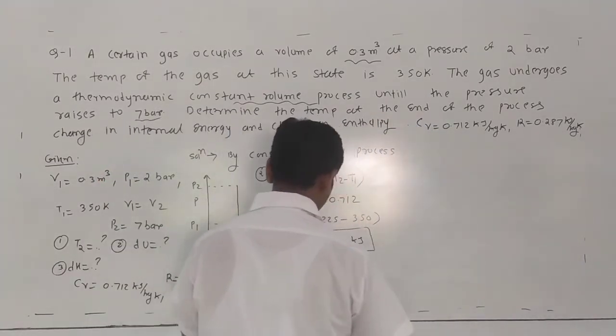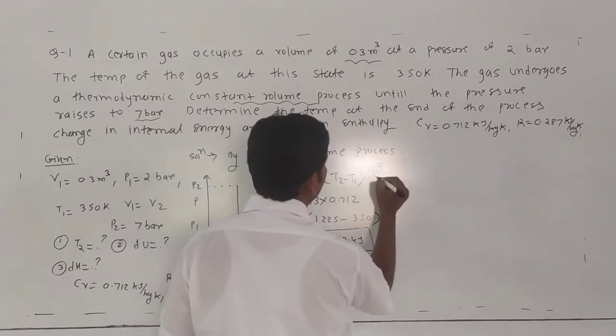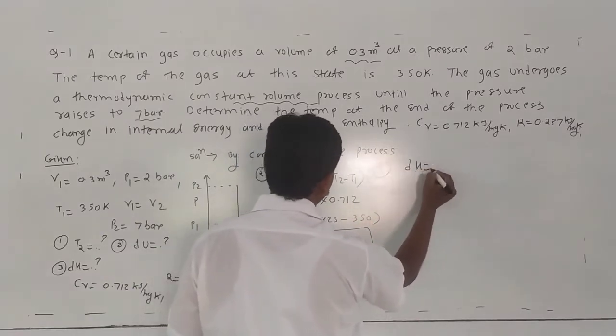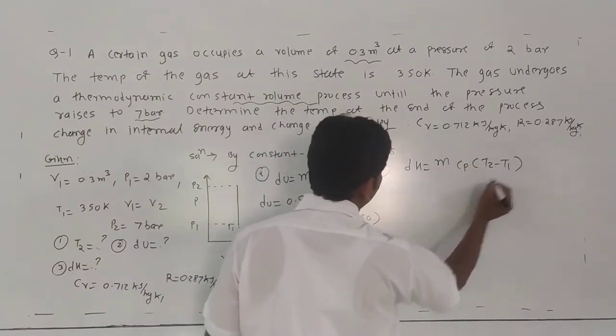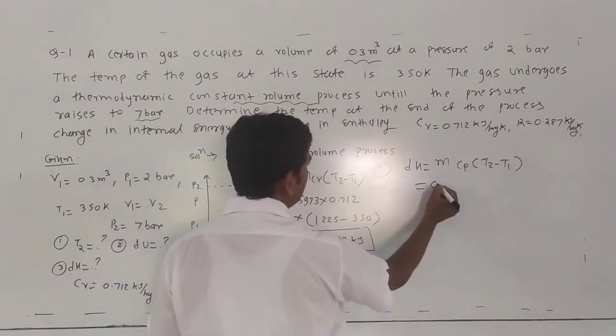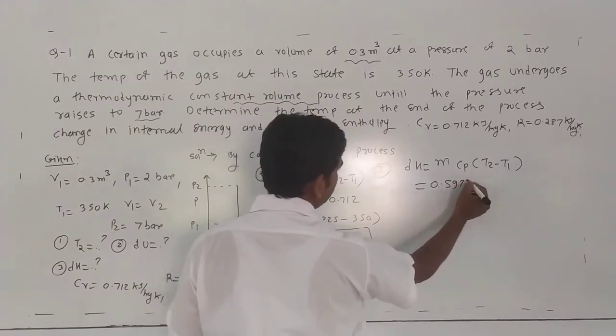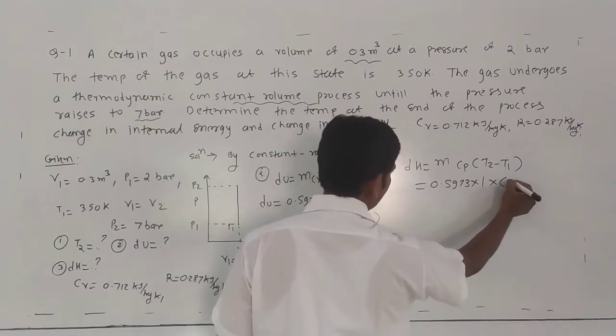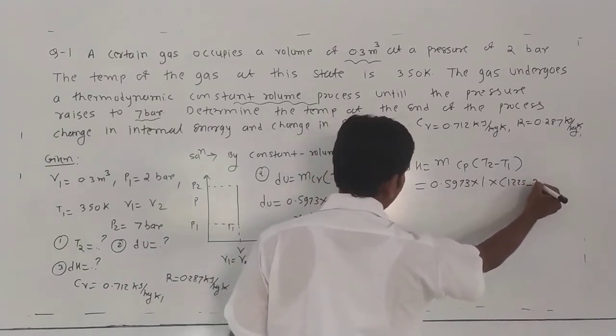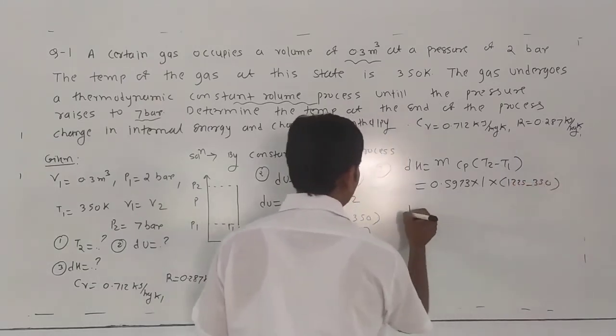Okay. So the third parameter asked is the enthalpy. So what is the formula of the enthalpy? dH equals m Cp (T2 minus T1). So just put the values. Mass is 0.5973, Cp is 1, T2 is 1225 minus 350. So how much is dH?